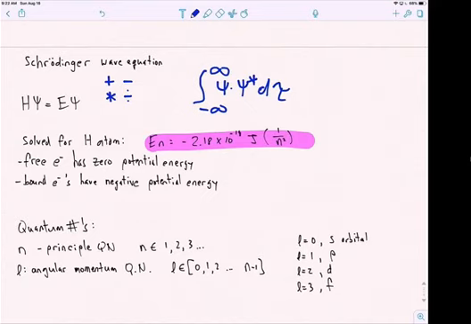Okay, so it's a little simple for the hydrogen atom, so we've solved it for the hydrogen atom or hydrogen-like atoms. Hydrogen-like atoms means 1 electron. And the energy levels are minus 2.18 times 10 to the minus 18 joules times 1 over n squared.